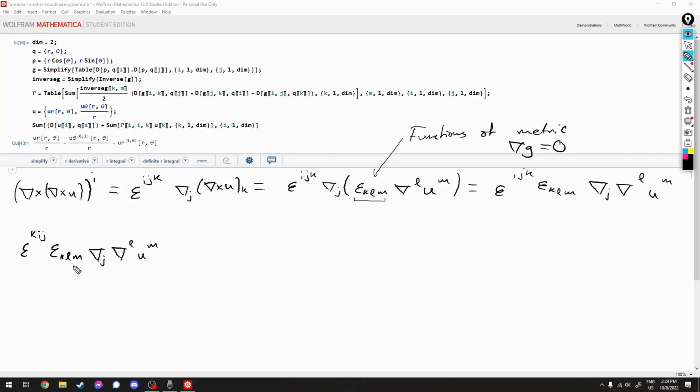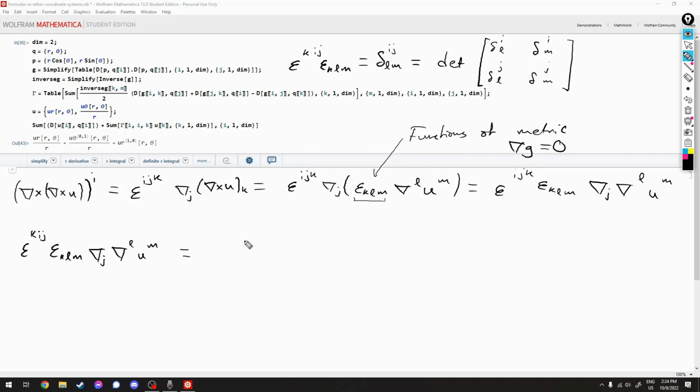Now we're going to use an identity that you'll find in your texts, where epsilon k i j epsilon k l m can be written in terms of our generalized Kronecker delta. This can be written as a determinant of our usual Kronecker deltas: delta i l, delta i m, delta j l and delta j m.